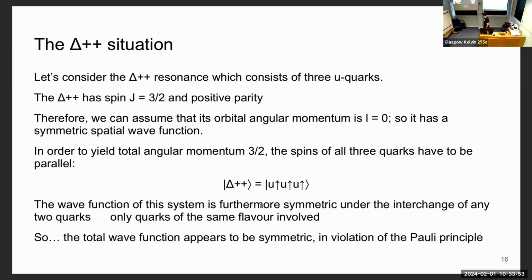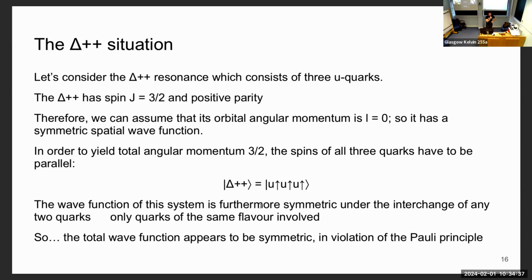If this sounds a bit naive, there's the delta plus plus situation, which is a resonance that consists of 3 up quarks. So it is an excited state of a proton. It's been measured that the spin of this resonance is 3/2 and has positive parity. From this, we assume that the angular momentum is equal to 0, which means that it has a symmetric spatial wave function.